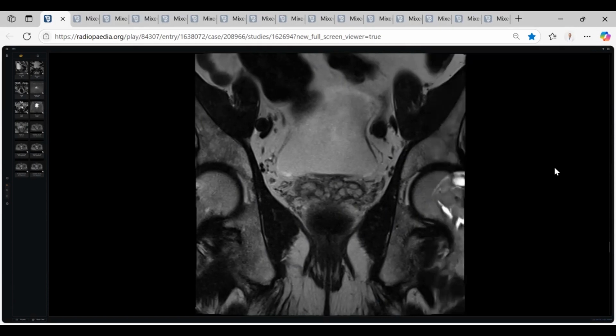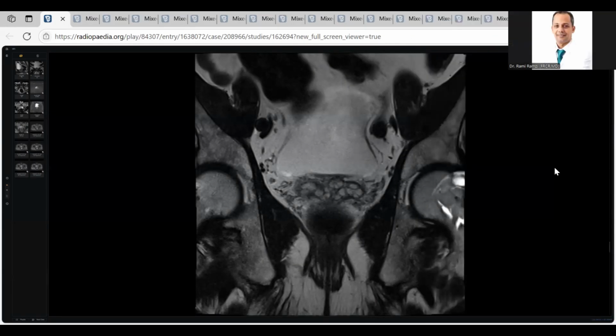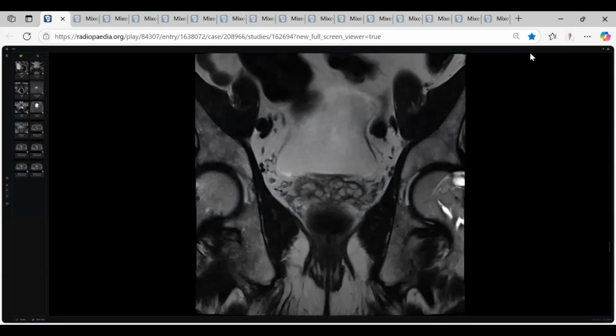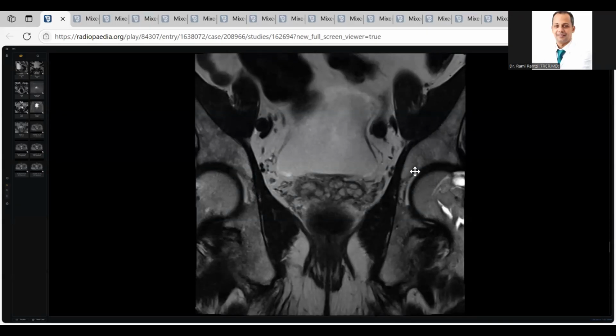Diffusion is better. So which one should you see first? Diffusion weighted image. Okay, diffusion first.